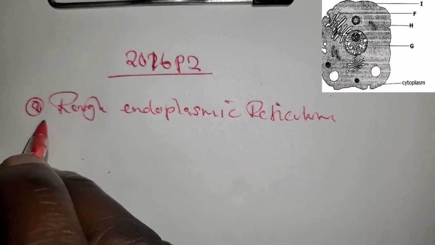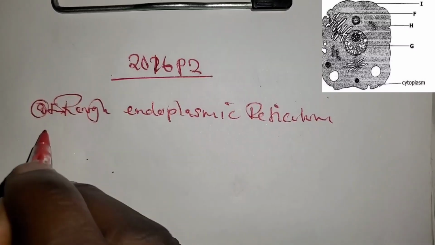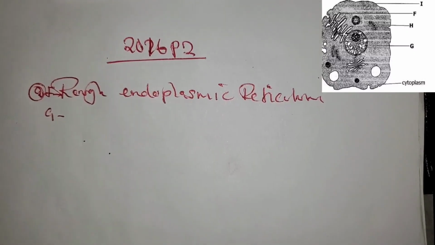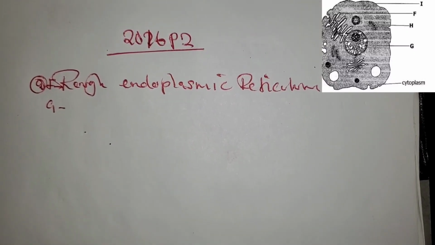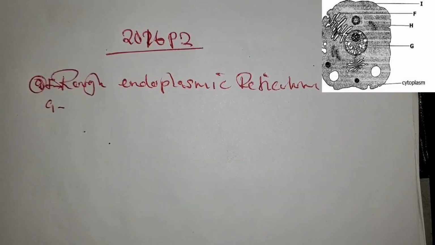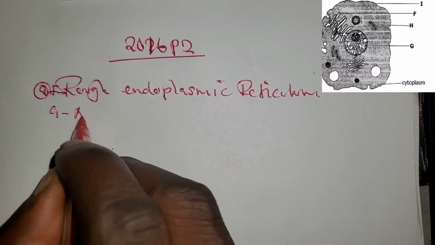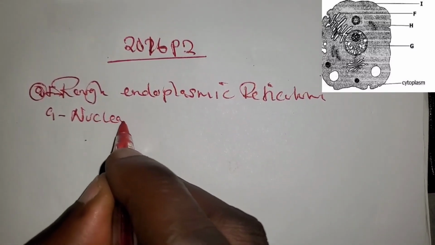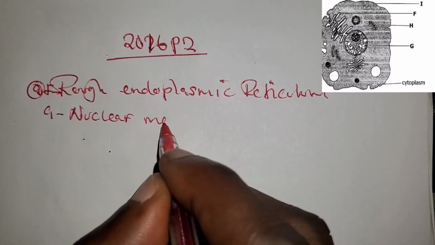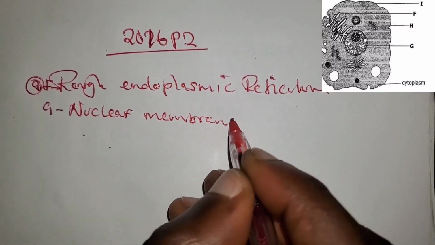Okay, that is F. Then G is the nuclear membrane. Okay, nuclear membrane.